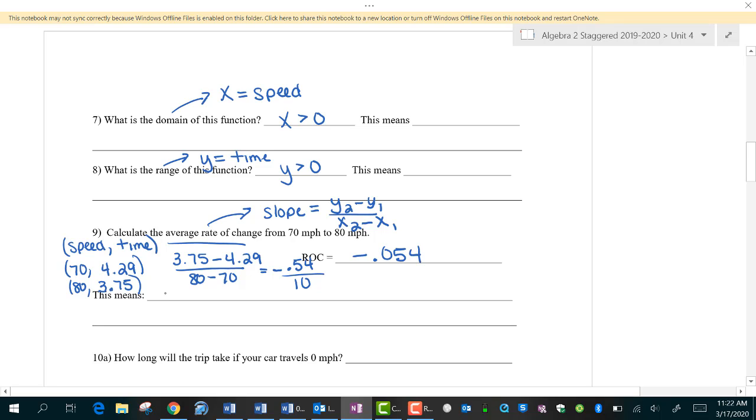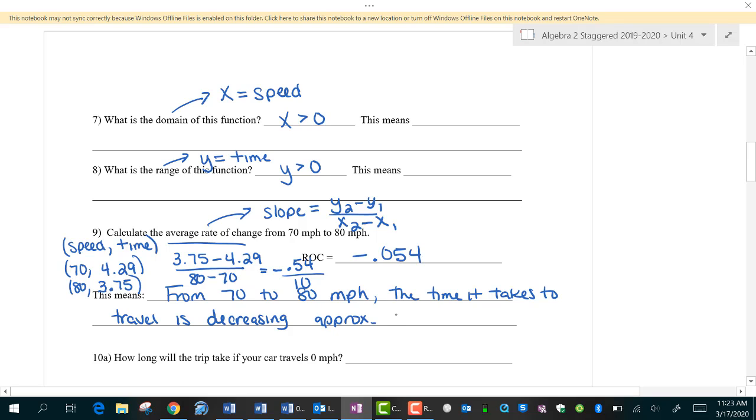This tells me from 70 to 80 miles per hour, the time it takes to travel is decreasing approximately 0.054 hours for each mile per hour faster you drive.